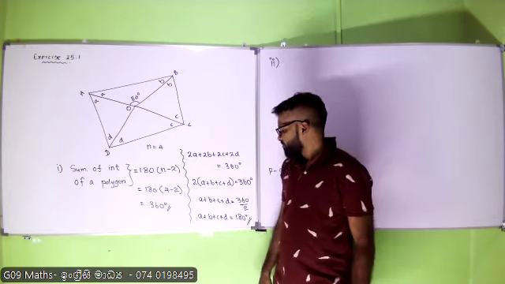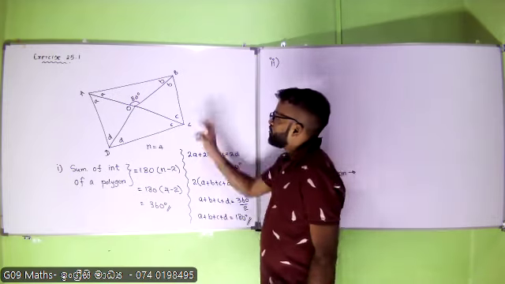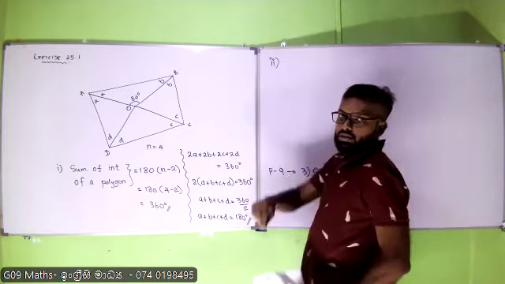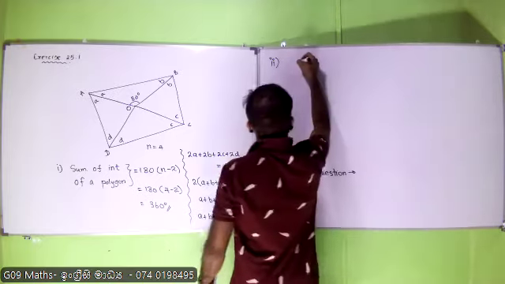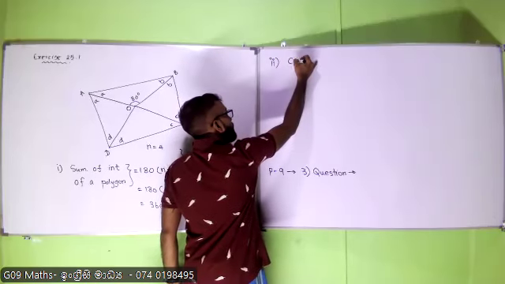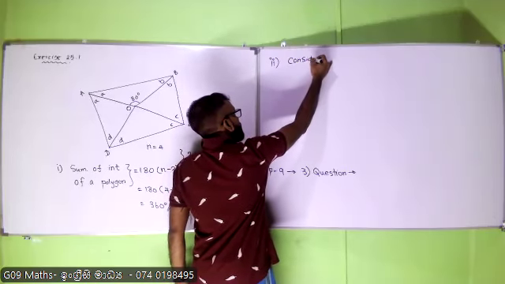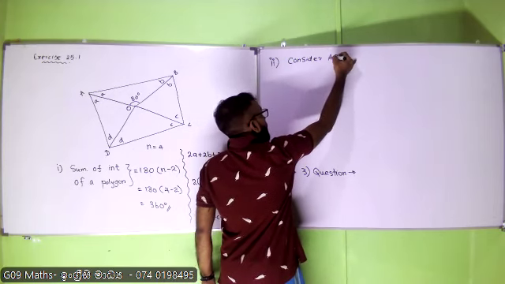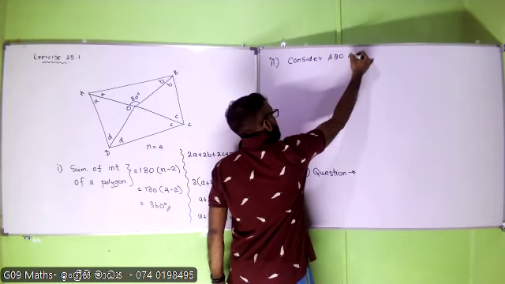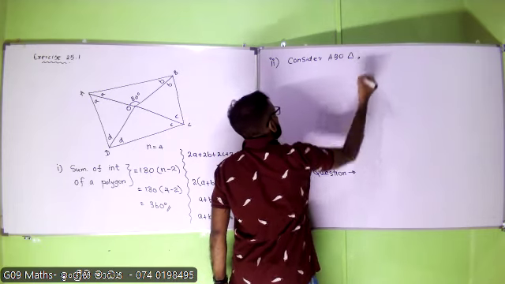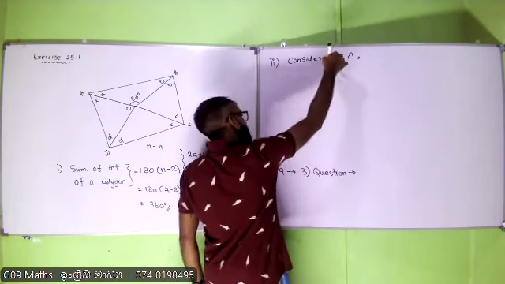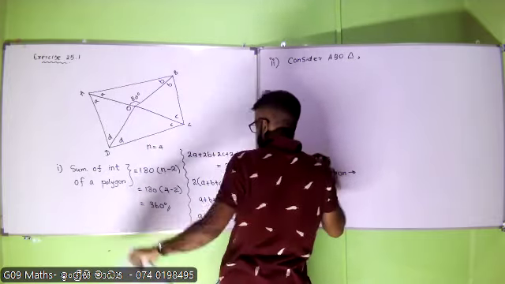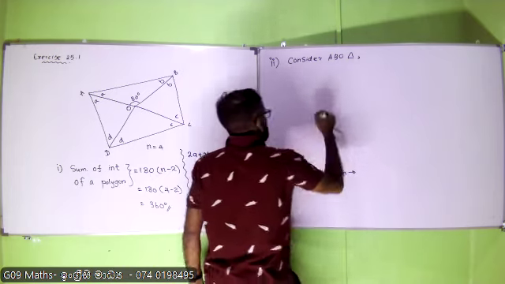So by using that relationship, you can find a plus b. I will write, consider triangle ABO. By considering this triangle ABO, you can find the relationship of a plus b.